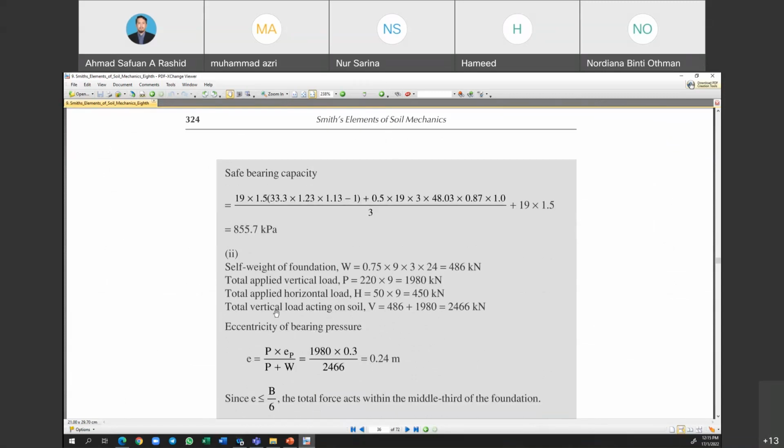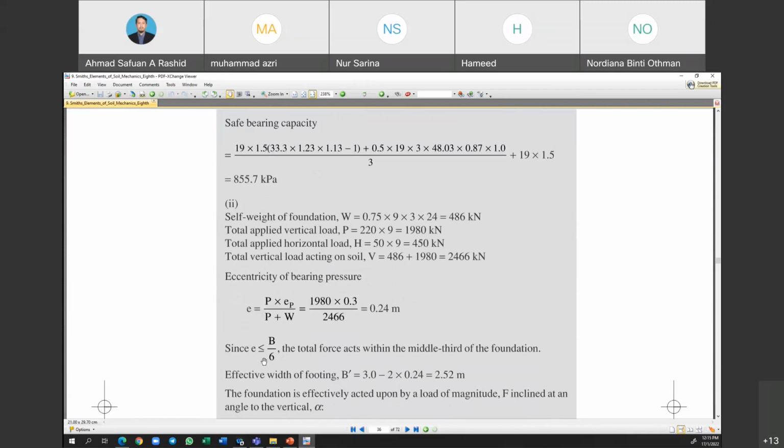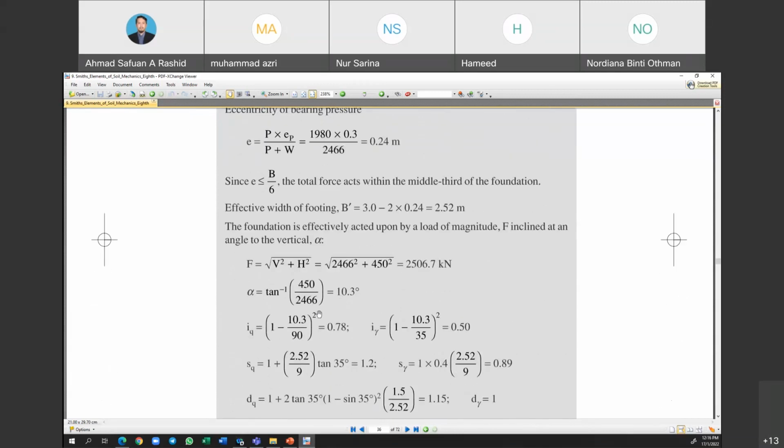The same procedure, get the E, compare with B over 6. So for B prime, we obtain 2.52. Then to get the alpha towards the vertical, we need to get the force first.